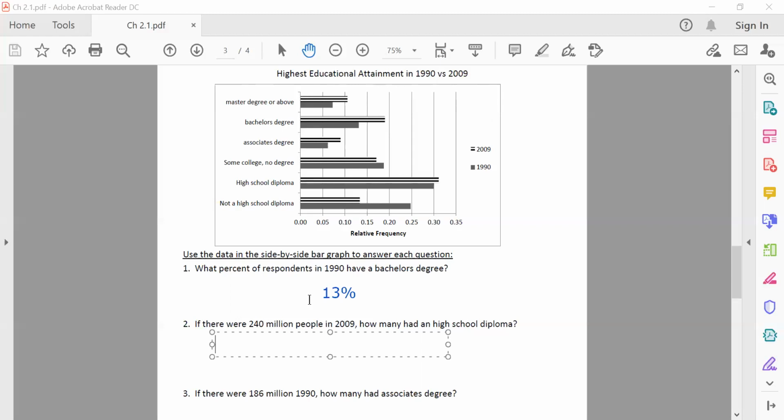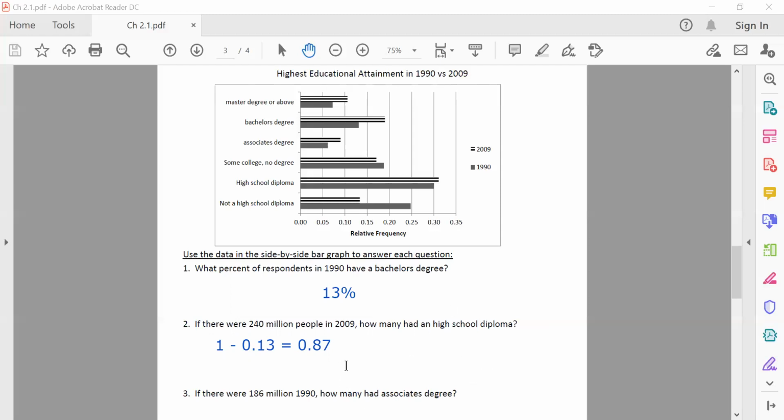So that means the number of people who do have a high school diploma is 1 minus 0.13. If you think about it, we're just subtracting off the people who don't have a high school diploma. That's the people who do. And so that's 0.87 or 87% of the population that has a high school diploma.